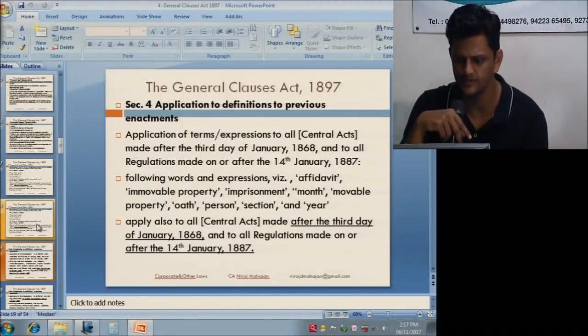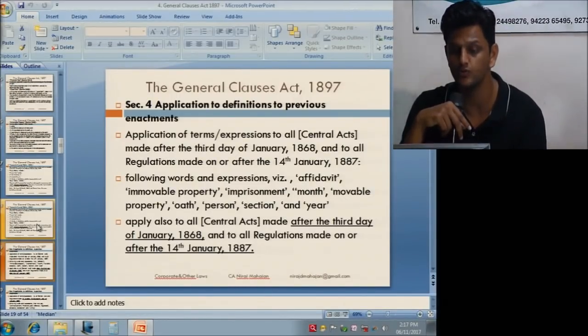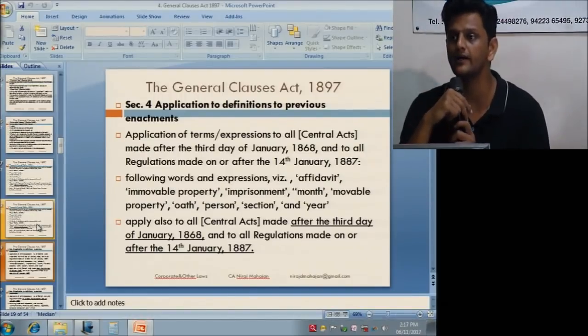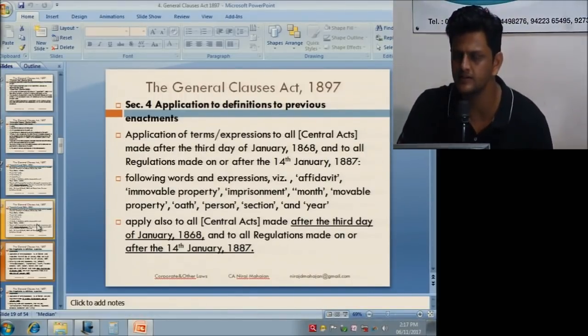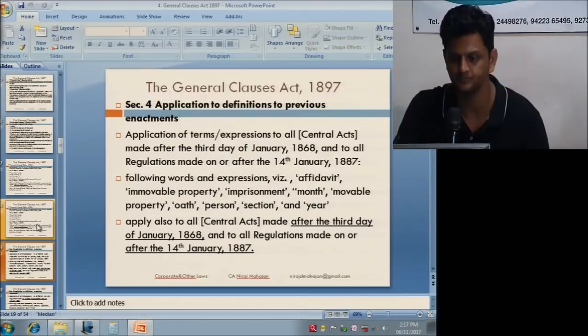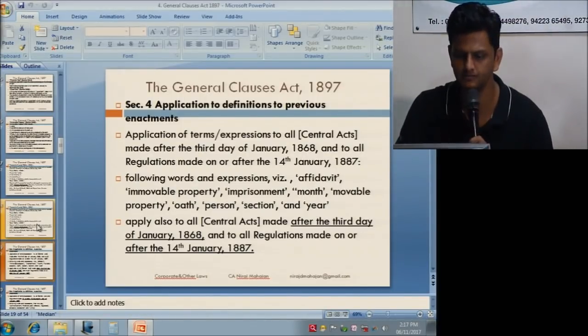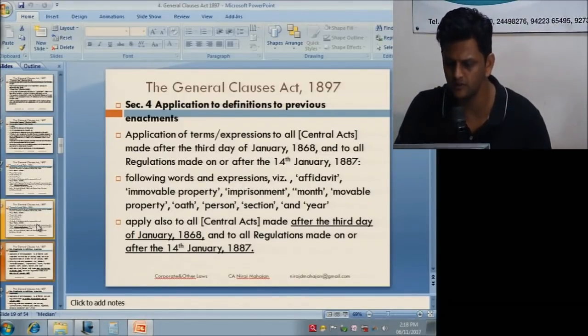Yes. So what is important is the application of definitions to previous enactments, section 4. That means any of the acts which were in place before this act of 1897, what did we say about them? Application of terms and expressions to all the central acts made after the 3rd of January 1868 and all regulations made on or after 14 January 1887, the following words shall be used.